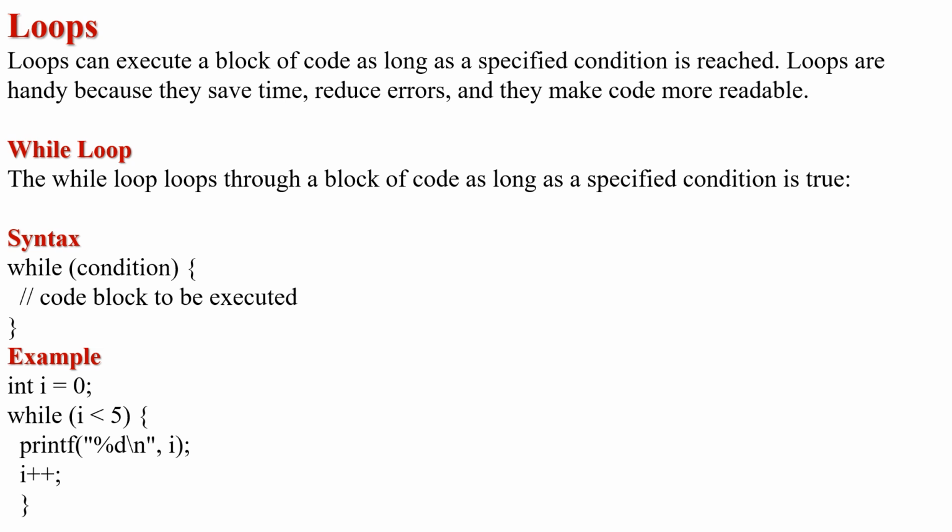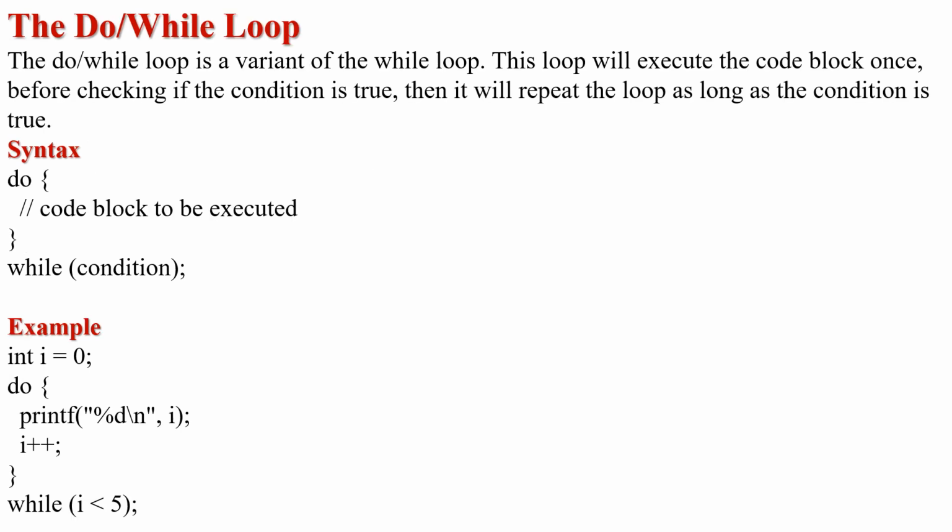Again now i is equal to 1. 1 less than 5 is true, so it prints 1. Then i plus plus, 1 plus 1 is 2. So i is equal to 2, and 2 less than 5 is true. Again it prints 2, and like that it executes while i is less than 5.